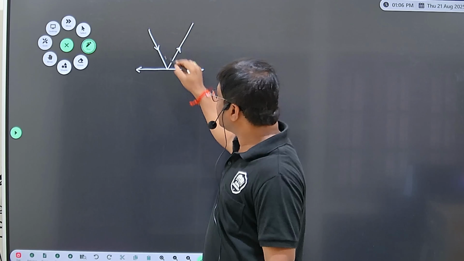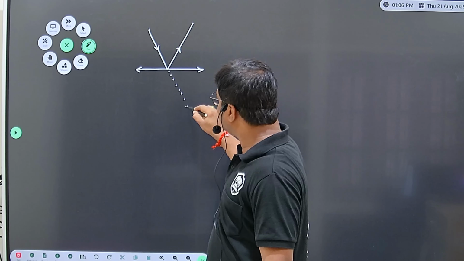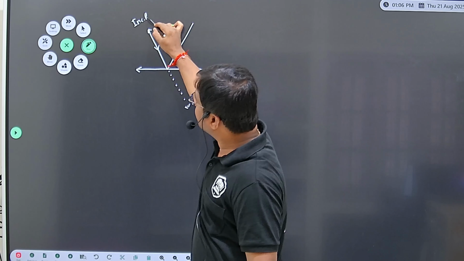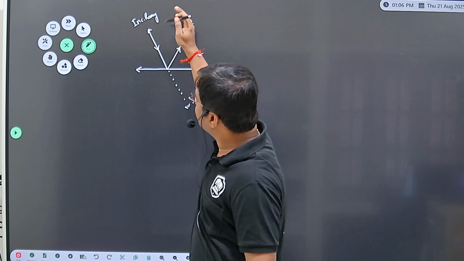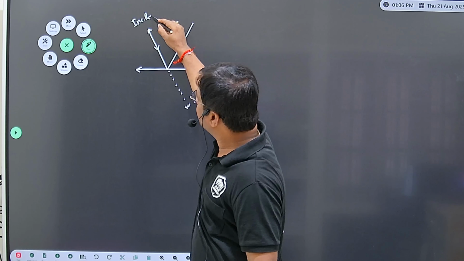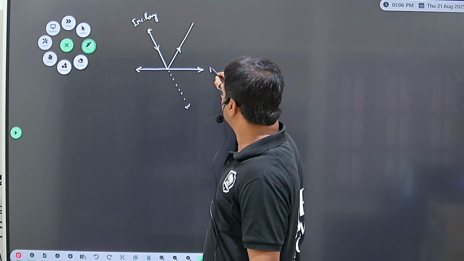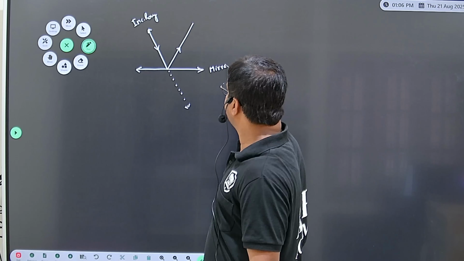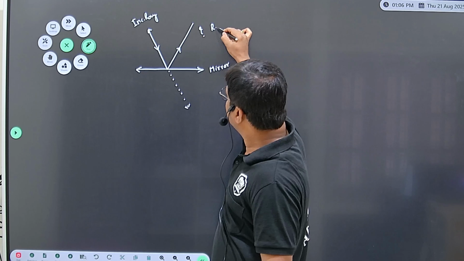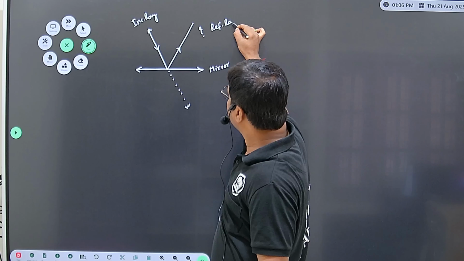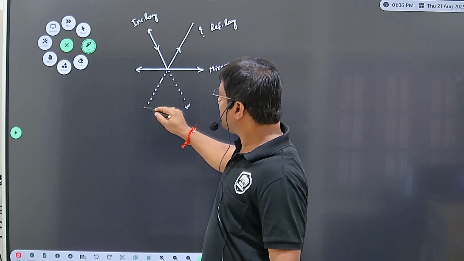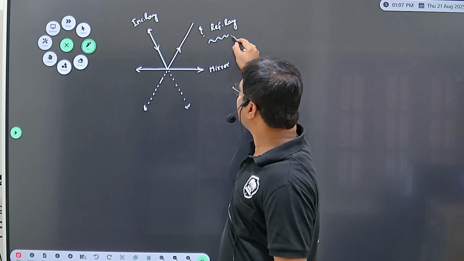Because the incident ray is the equation of a line, this is the incident ray, and this is the mirror line. Here the requirement is the reflected ray. The same concept we may use to solve for the reflected ray.